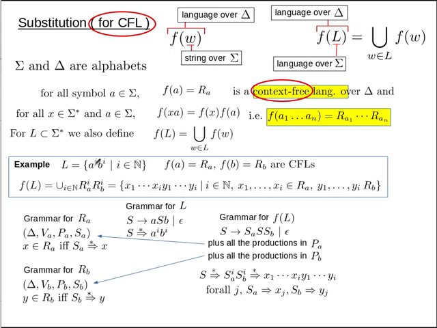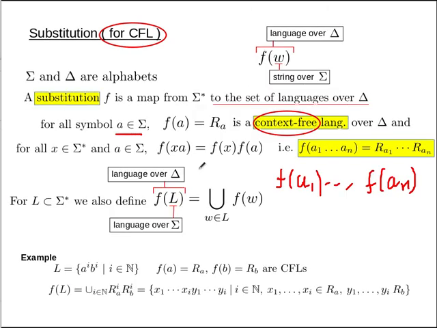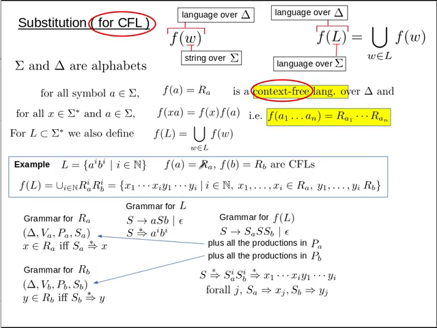Each of these A's is replaced by some string in RA, and each of these B's is being replaced by some string in RB, right?